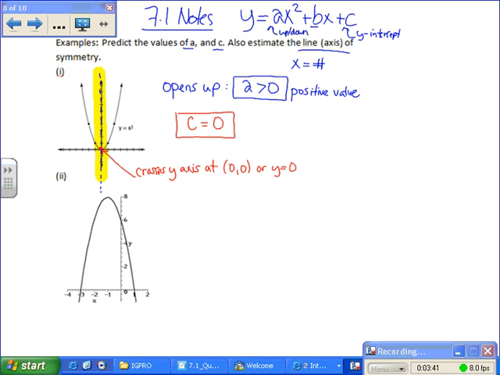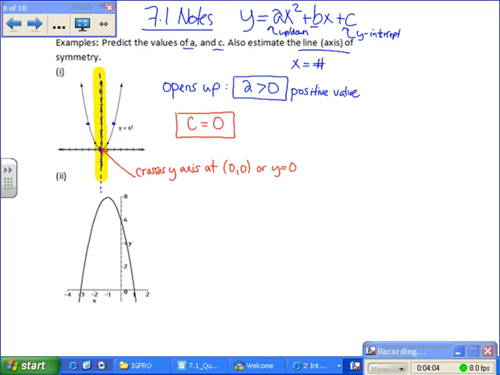Another way I could do this is to look at any 2 points that have the same y-coordinate, so 2 points across from each other on the parabola, and say to myself, well, the axis of symmetry is going to be right in the middle of those 2 points. So in this case, on my x-axis, it's going right through x is equal to 0.